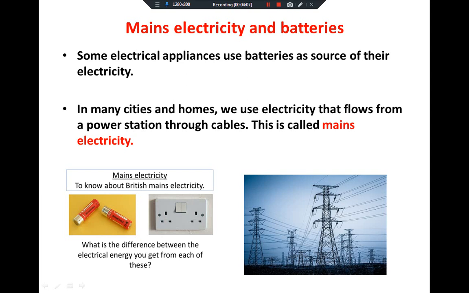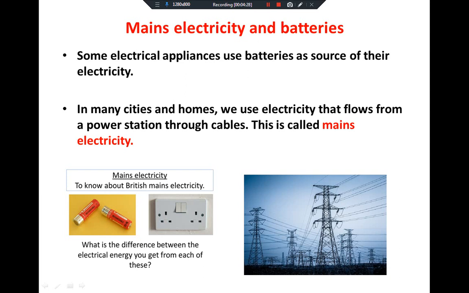So then we have mains electricity and batteries. We can make a comparison between batteries and mains electricity. Some electrical appliances use batteries as the source of their electricity. So batteries can be used to transfer electricity, to transfer energy.